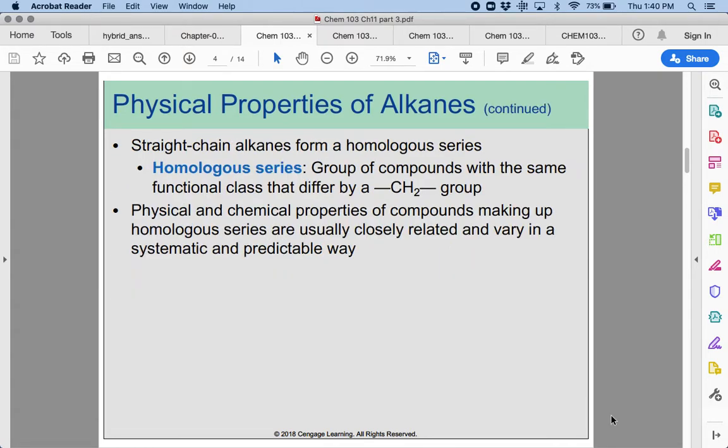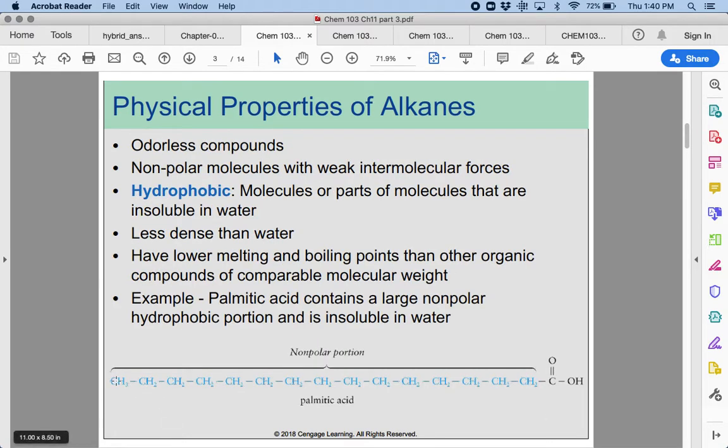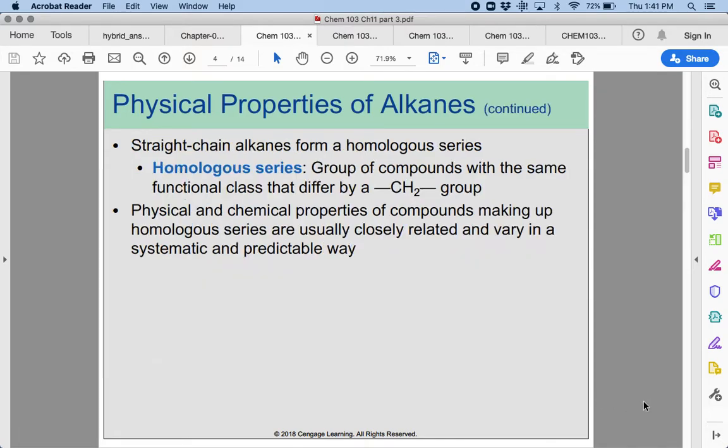So straight chain alkanes form what we call homologous series. Basically this means they function as a class, but they differ in how many CH2 groups they have. So again, we know that CH3, let's pretend over here this was just an alkane and not this acid, and CH3 over here, we would end up having just differences in how many CH2s are in the middle.